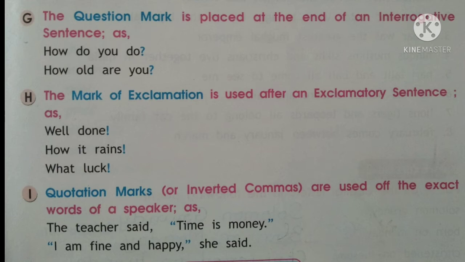For example, the teacher said, "Time is money." So "time is money" are the words spoken by the teacher, so we put them in inverted commas. "I am fine and happy," she said. So this girl, a lady, is saying that she is fine and happy. So we need to put them in quotation marks or inverted commas.